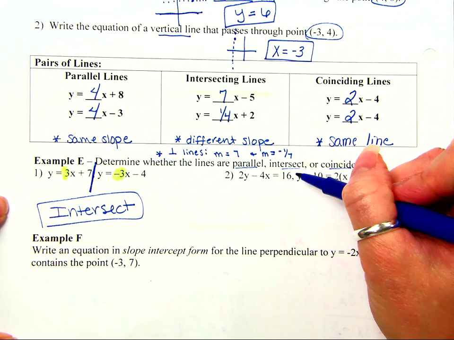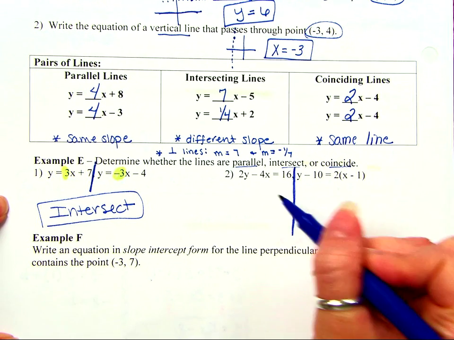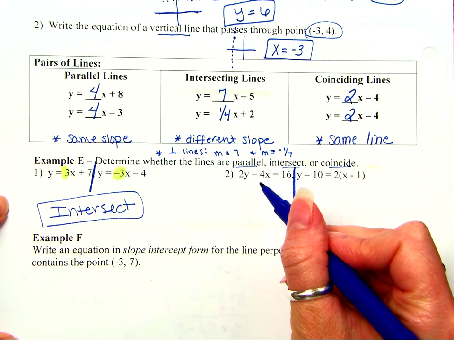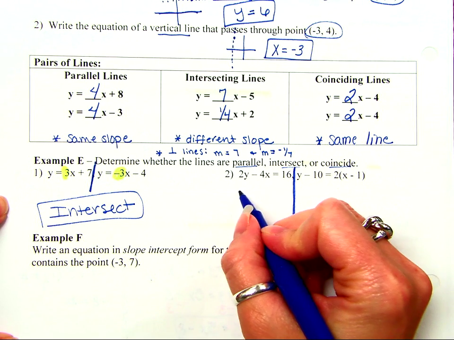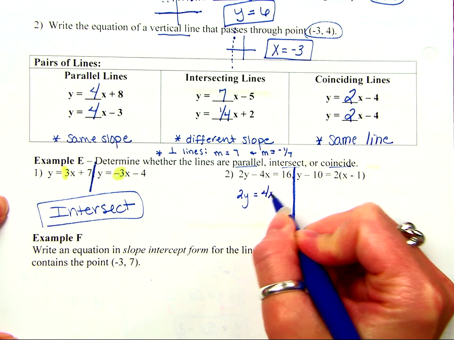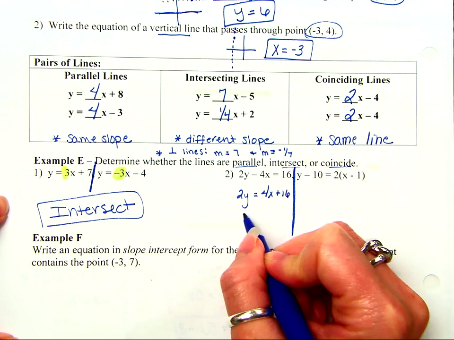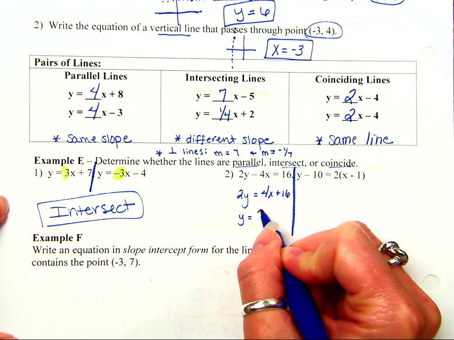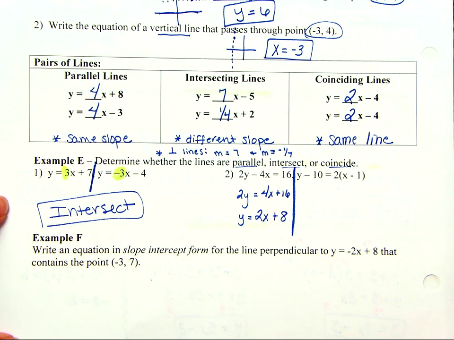The second one isn't quite as nice because I cannot say that my slope is negative 4. It's not written in the correct form. So I would have to start by solving for y. I would add x to both sides. I would divide by 2. And I find out that y equals 2x plus 8.